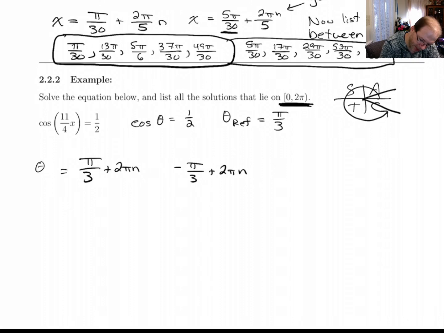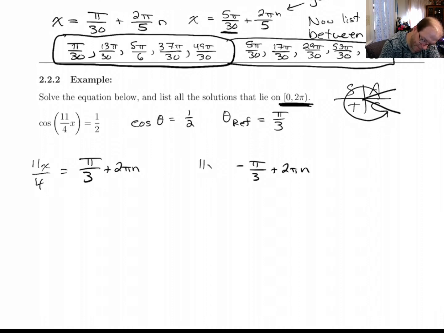So let's see, remember these were our answers for theta, but we want x. So let me move this over. So theta, we get 11x over 4 is equal to these two things. So x is going to be 4 pi over 33 plus 8 pi n over 11.